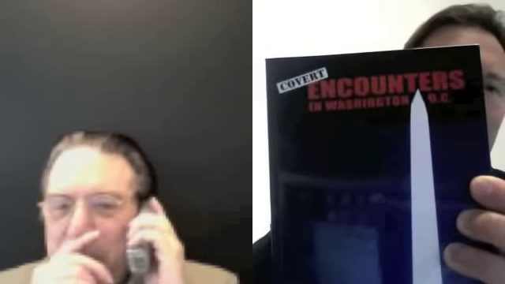The second book is just coming out in May of this year, Covert Encounters in Washington, D.C. This is the culmination of a 6-year investigation of UFO and extraterrestrial activity in Washington, D.C. So when you ask me that question, I have spent thousands of hours studying the nonsense that goes on in Washington, D.C. and trying to make sense of it. And essentially what I found is that the inner circle, the power players, basically all center around the Vatican.